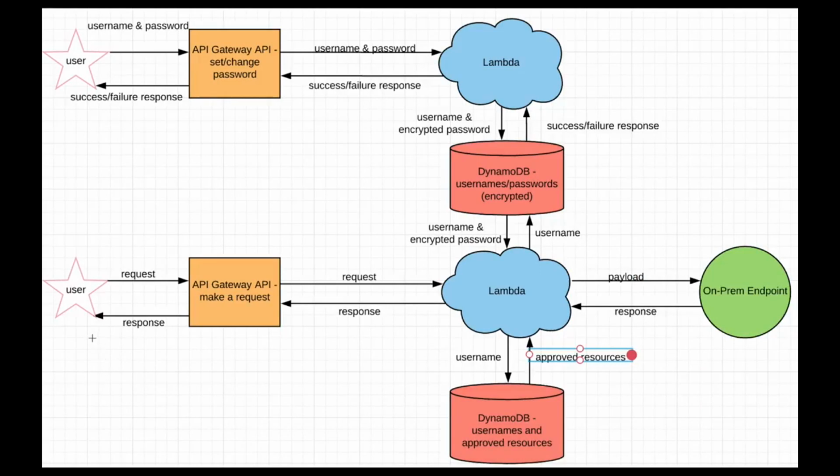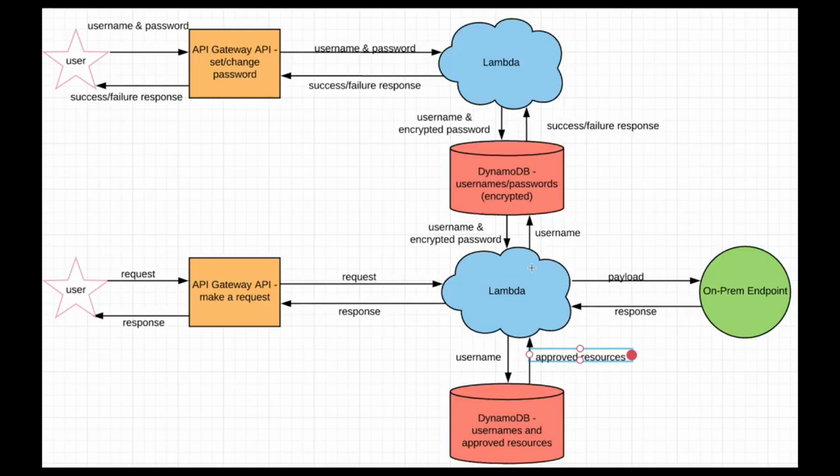Down here on the bottom is the main part of the architecture. So the user sends a request to an API gateway and API that I created, and that request is then forwarded to Lambda, which I wrote in Python, and that Lambda function parses the request and extracts the username, password, and the resource that they're trying to access.